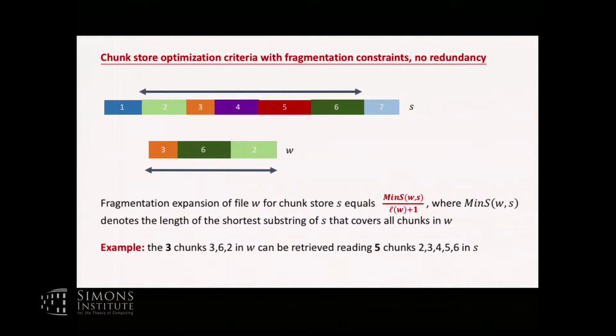So it makes sense to measure how badly we are doing with fragmentation by looking at the length of the whole block of chunks that I need to retrieve, scaled by the total length of the file, as a measure of how much I expanded the file.